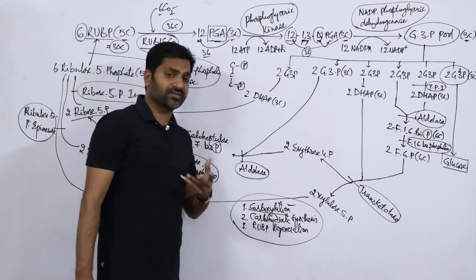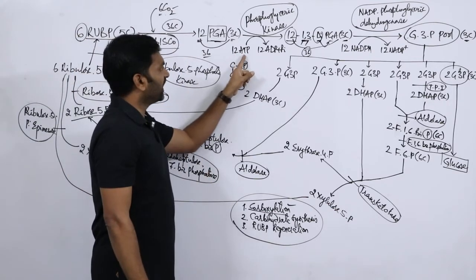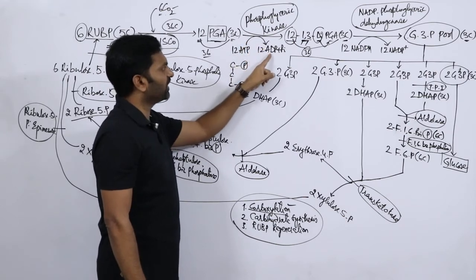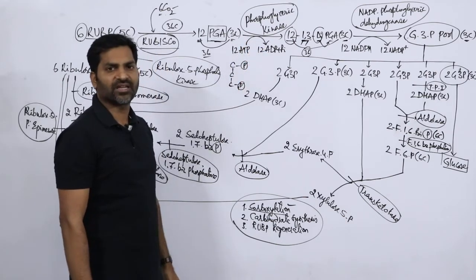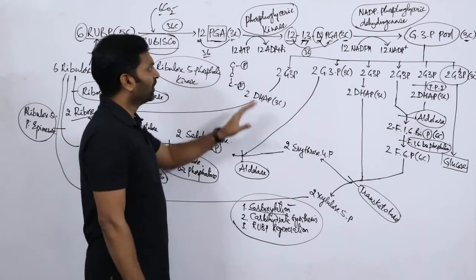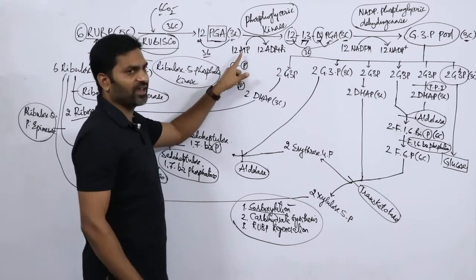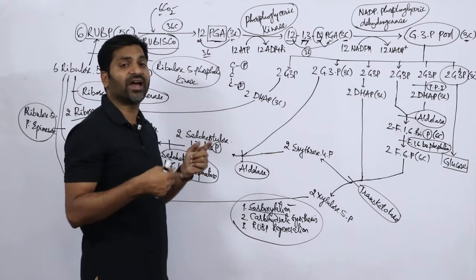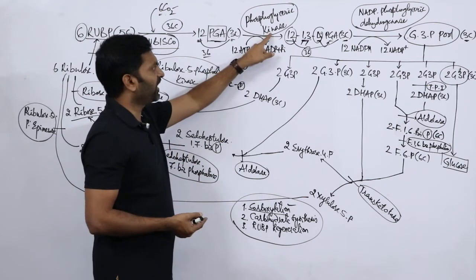What happens? 12 ATPs are converted into 12 ADP and Pi, inorganic phosphate. Whenever ATP is added or formed in a reaction, there will be an enzyme called kinase.